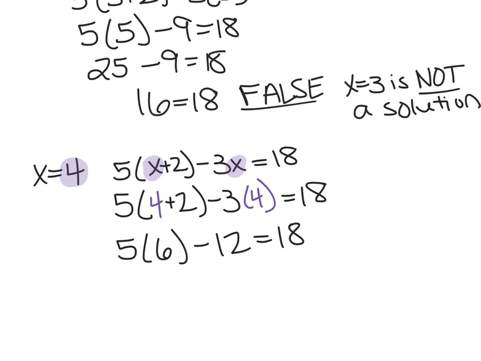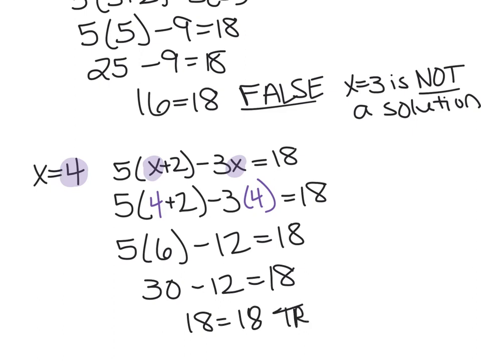So we get 5 times 6, which is 30, minus 12 equals 18. 30 minus 12 does get us the 18. So that means that this is true, because 18 does in fact equal 18. True. And therefore x equals 4 is a solution.